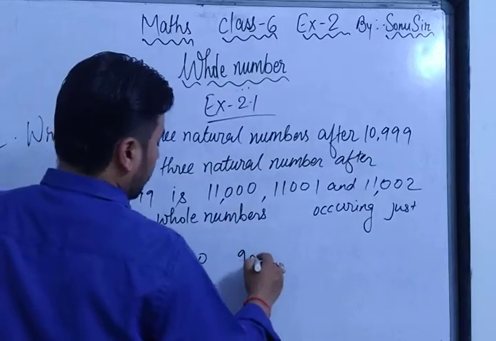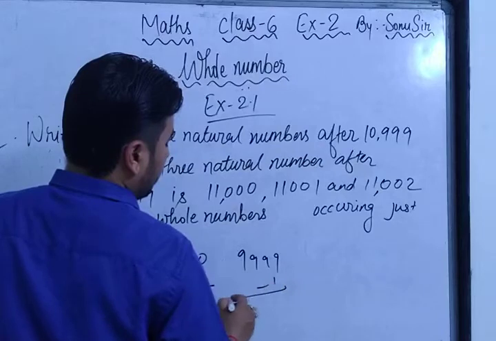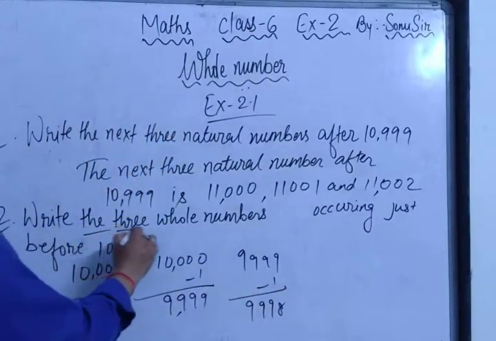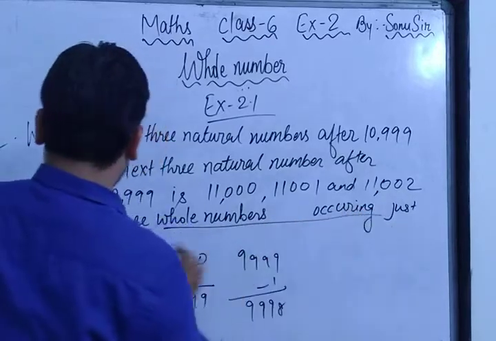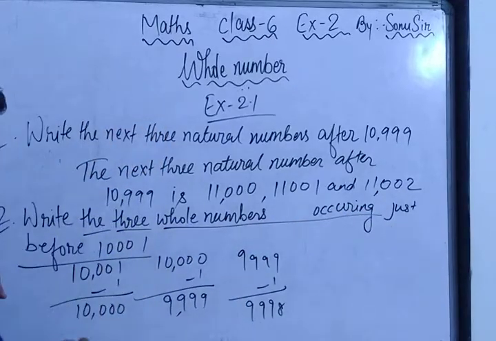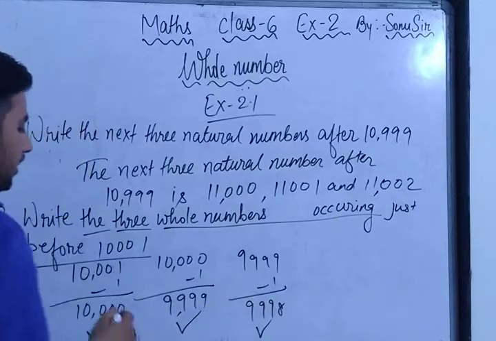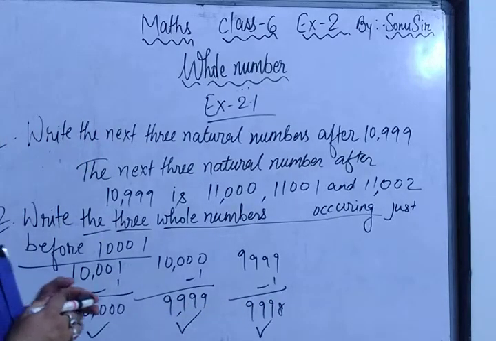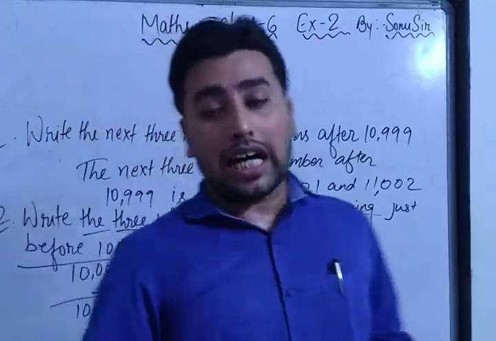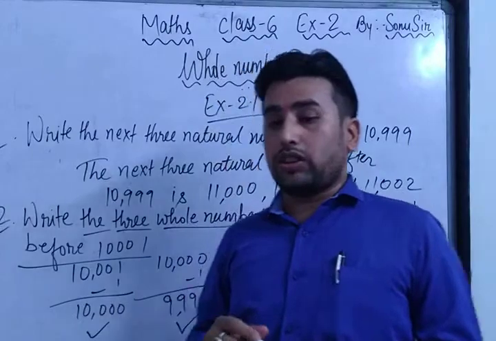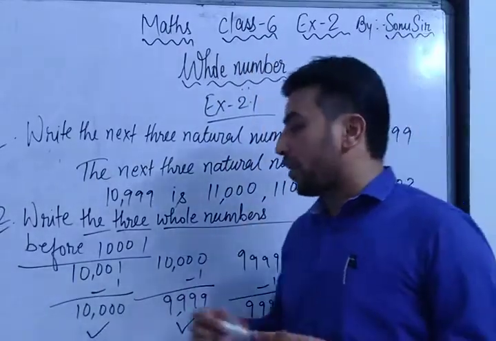Again 9,999 minus 1 is 9,998. So the 3 whole numbers occurring just before 10,001 are 10,000, 9,999 and 9,998. So this was our question number 1 and question number 2.